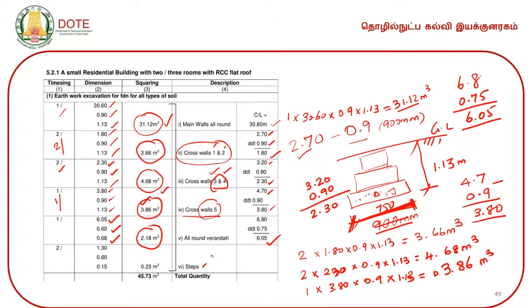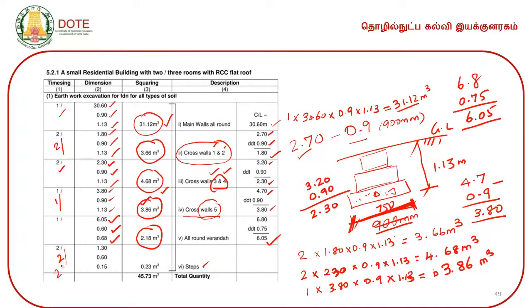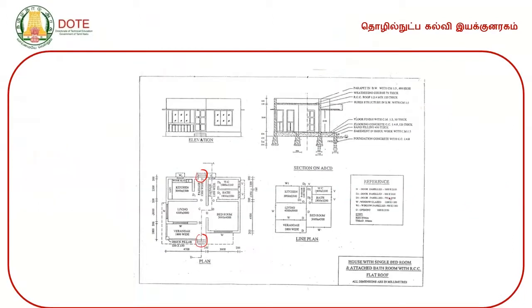Then steps. There are two steps, so 2 numbers. Check the drawing: here one, here one. Then how to calculate the length of steps 1.3? By using the door size, 1 meter.